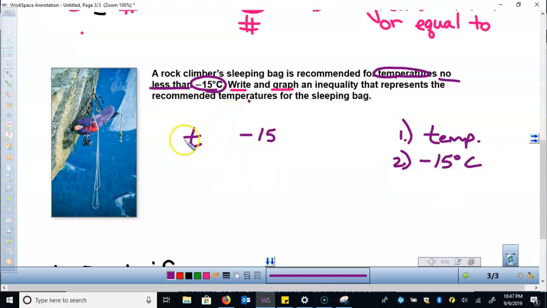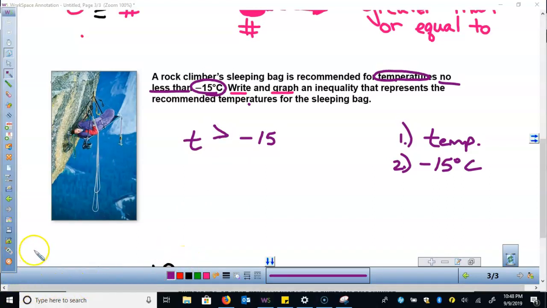Well, the temperature, using this symbol, it says the temperature is less than negative 15. But that says no, it cannot be less than. It needs to be greater than. The trick here is, well, can it be equal to?